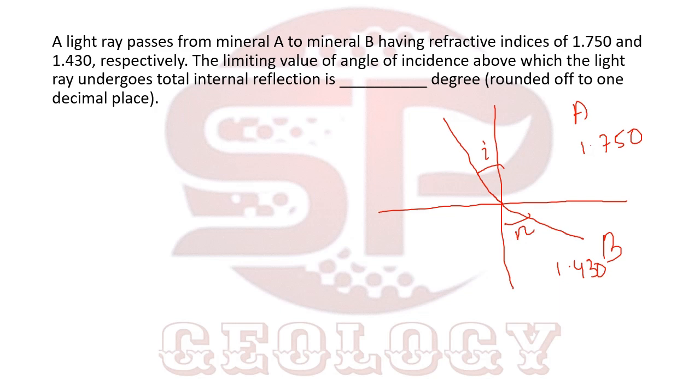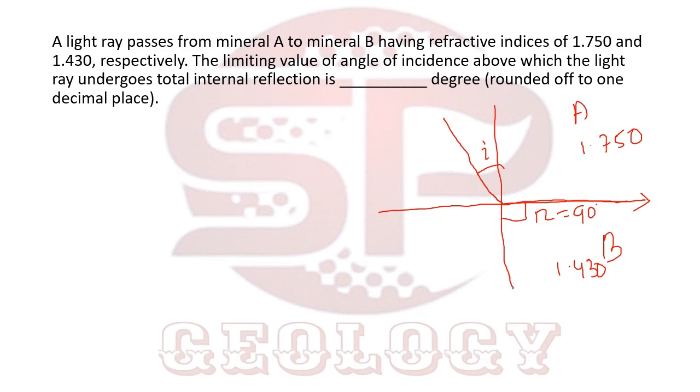So the limiting value of the angle of incidence above which the light will undergo total internal reflection is asked. For total internal reflection, the angle of refraction will be 90 degrees. In that case, the incident angle is called the critical angle.